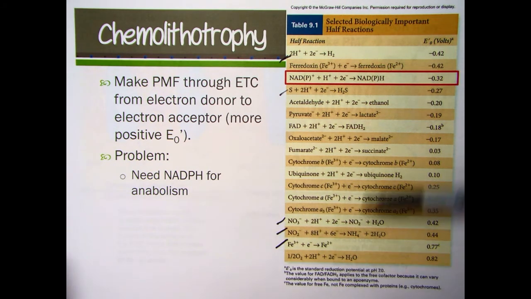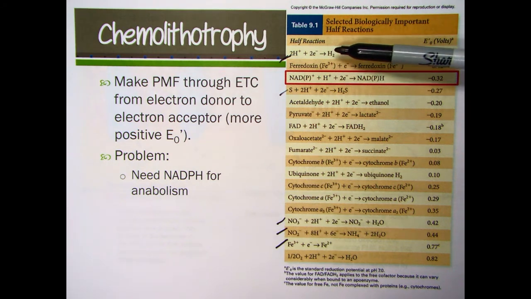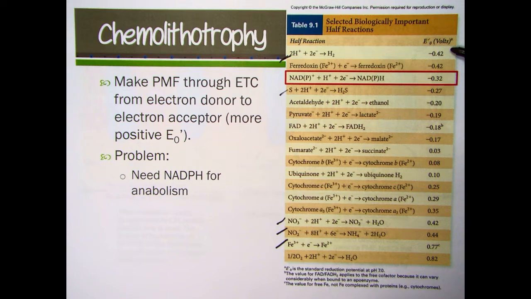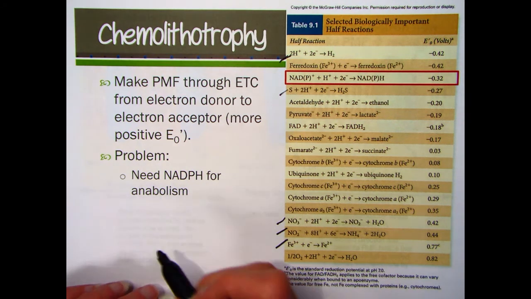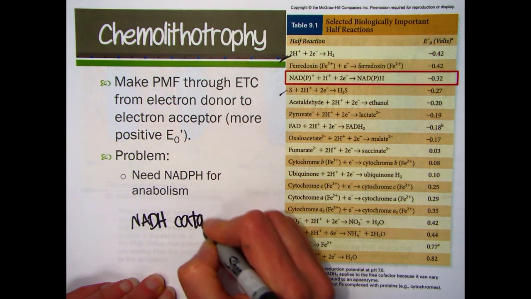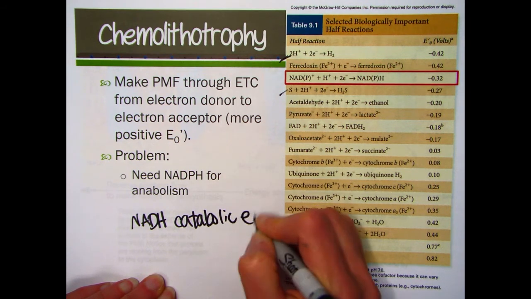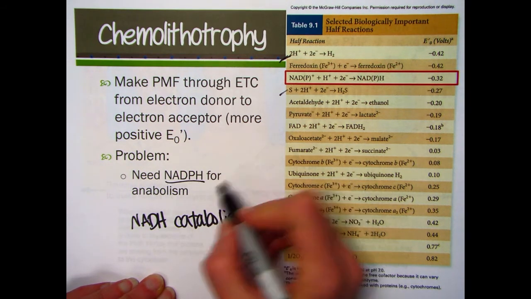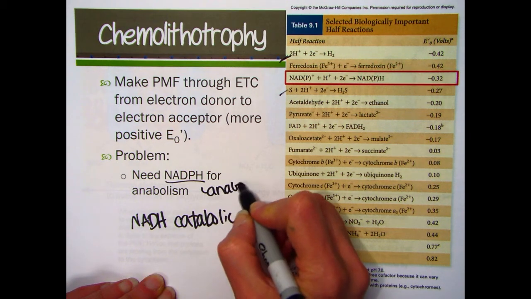So you can see on this chart, there is only one inorganic thing that will be able to donate electrons to NADPH, right? Things that are more negative are donors, and in order to donate, you have to be higher up on the chart. You may remember that bacteria will use NADH for catabolic electrons, but NADPH for anabolic electrons.